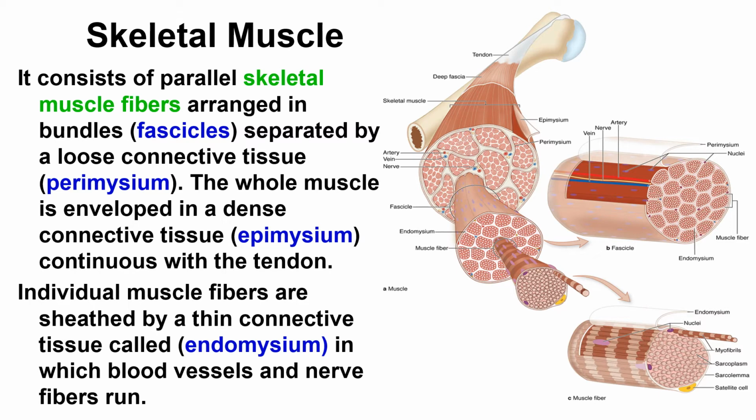Each fiber in the bundle is surrounded by a delicate layer of reticular fiber with scattered fibroblasts called endomysium. The endomysium surrounds the external laminae of the muscle fiber. Within the endomysium, we can see the blood vessels and nerves that supply the muscle fiber.